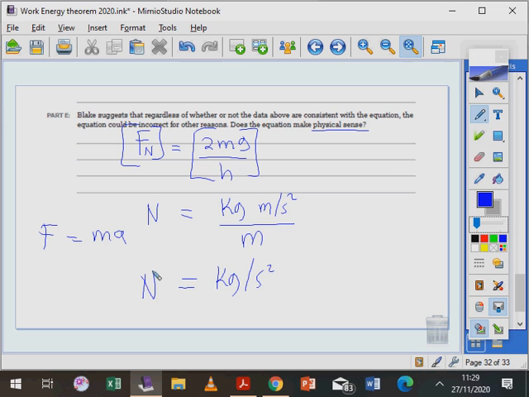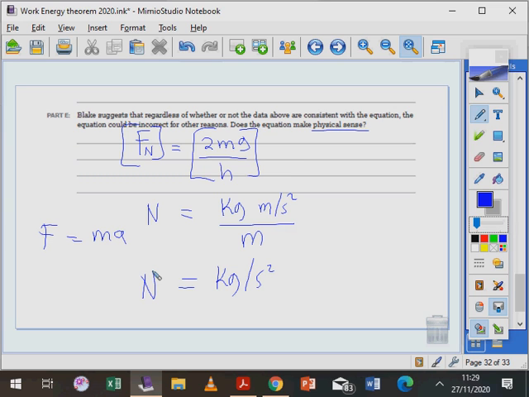No, a newton is kilogram meters per second squared. So first of all, the units of this equation are not consistent. So the equation doesn't make physical sense, right? This is not a newton, yet he's saying that it's equal to the force. So that equation does not make physical sense.